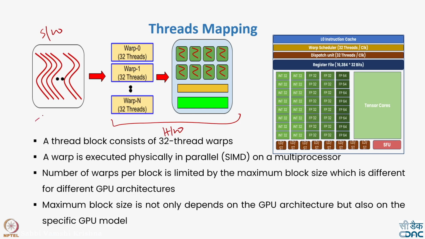This is representing a thread block, meaning the group of threads in a block. When this block has to be mapped on an SM, again I am repeating, this thread block must be mapped on an SM.